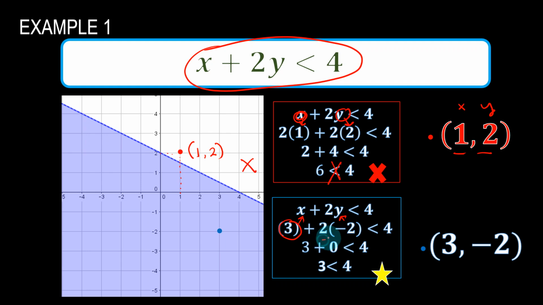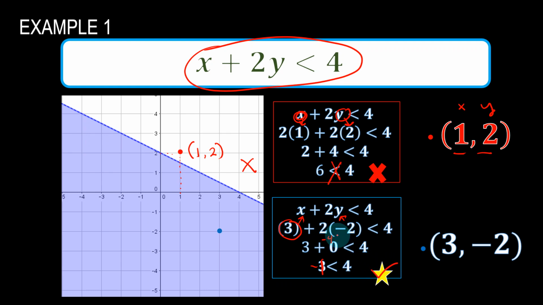So negative 4, 3 plus negative 4 will become negative 1. And negative 1 is less than 4, right? So, in short, the answer for this is correct and this is true.